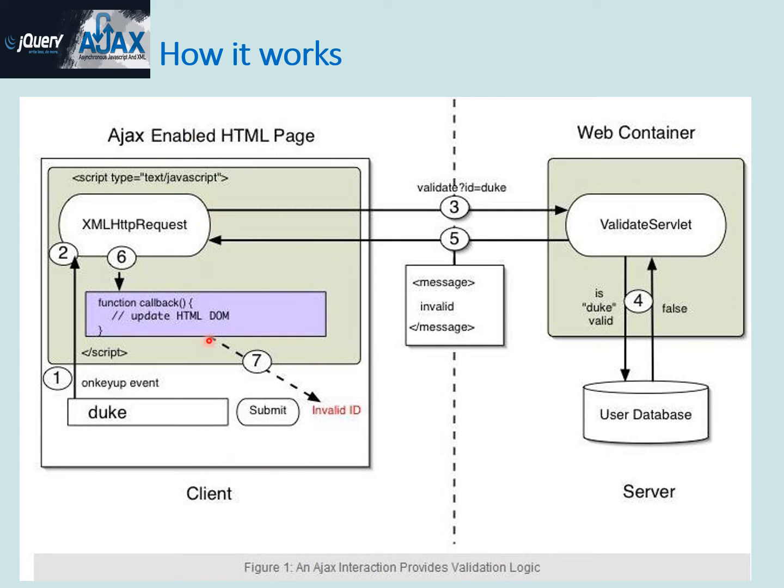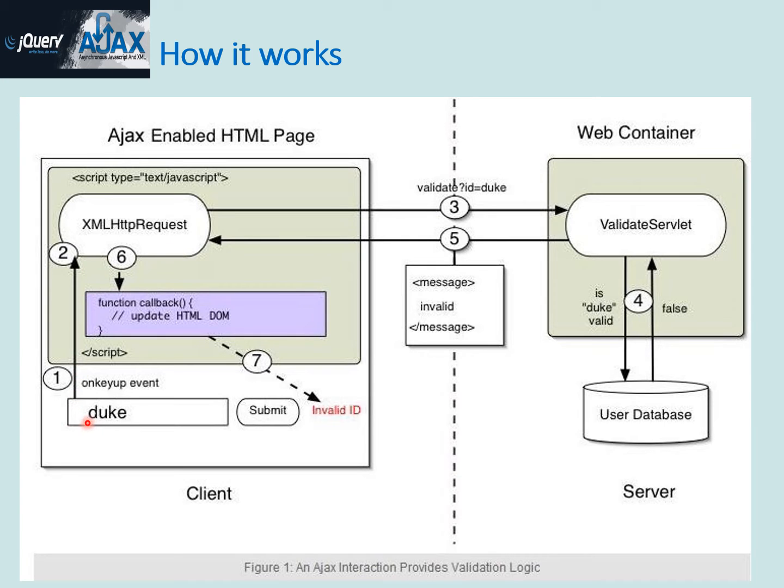On the right side we can see the server part, which contains a web container with a servlet program, and then a database. This is our server architecture, and this is our client architecture. We can see numbers here, 1 2 3 4 5 6. This is the order in which the working of the web page is illustrated.